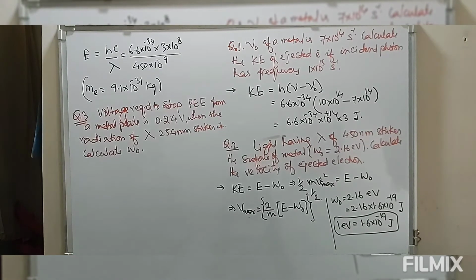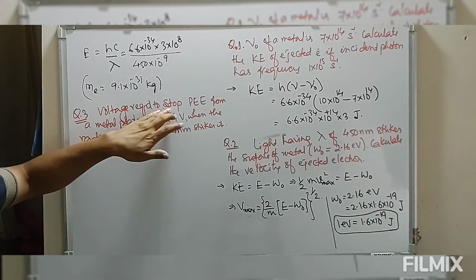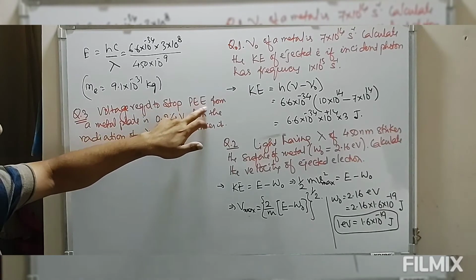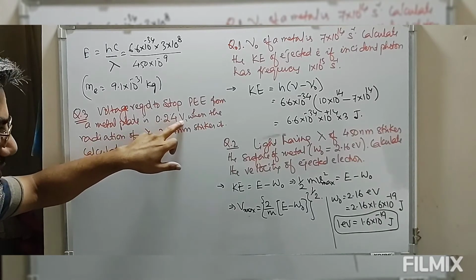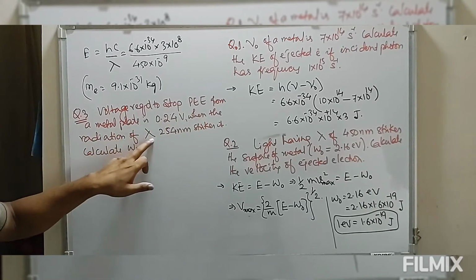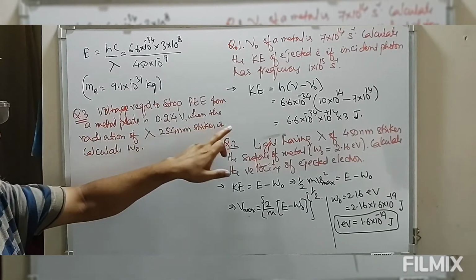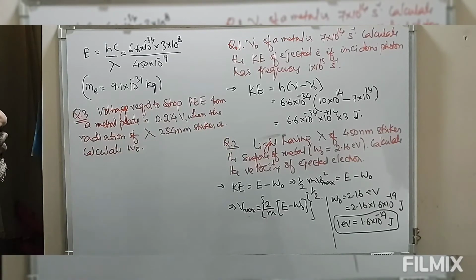The next question says, the voltage required to stop the photoelectric effect from the surface of a metal is 0.24 volt when the radiation of wavelength 254 nanometers strikes it. Calculate the work function. So first of all, look at this.